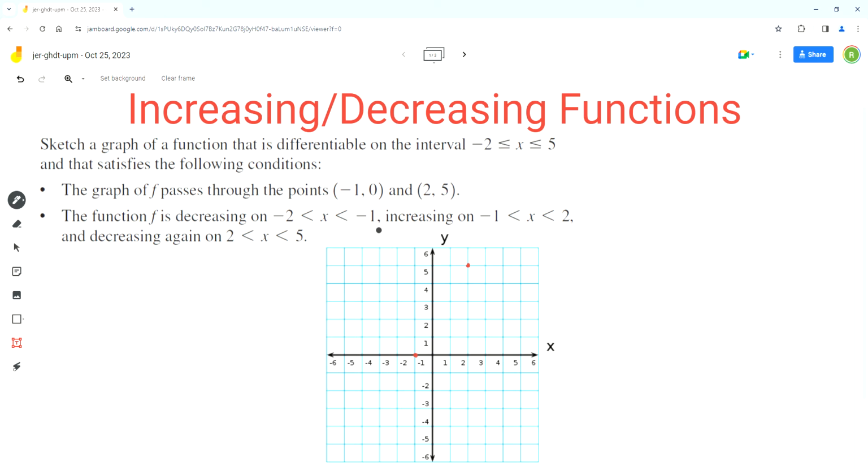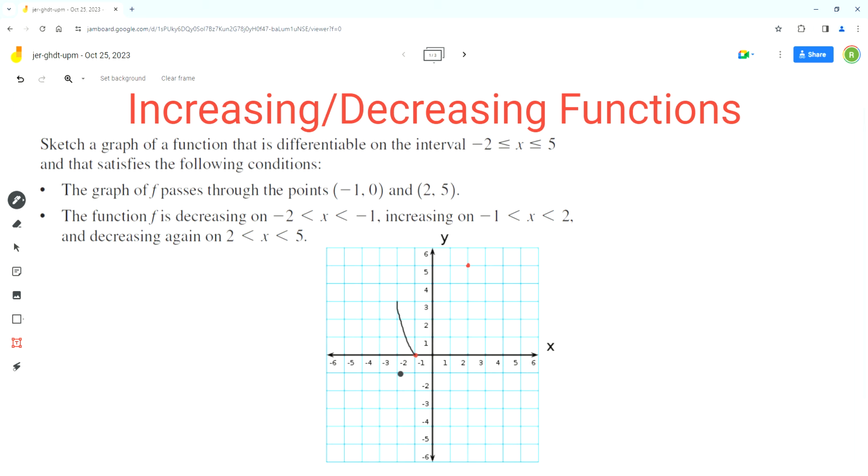That means the tangent that we draw to this function from -2 to -1 will slope downwards from left to right. That means from -2 to -1, the graph is sloping downwards. So we can draw the graph like this from -2 to -1.